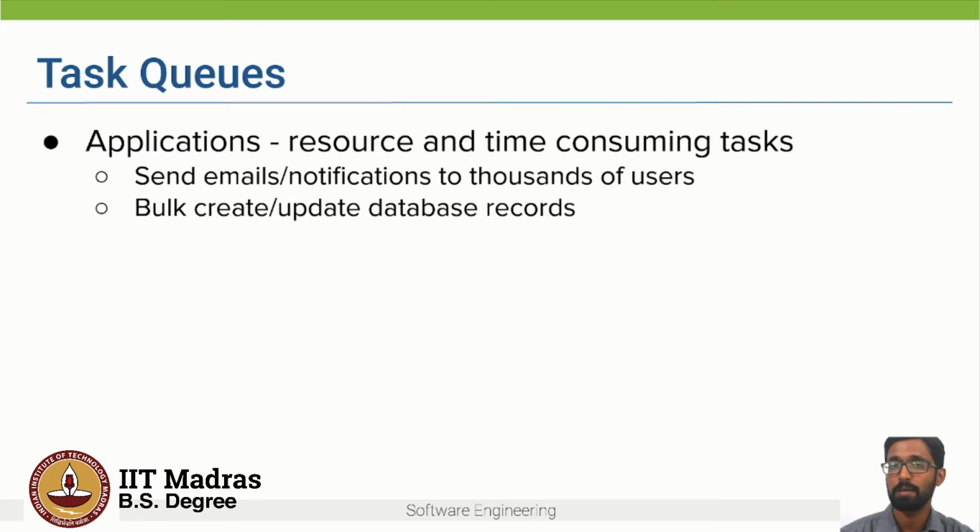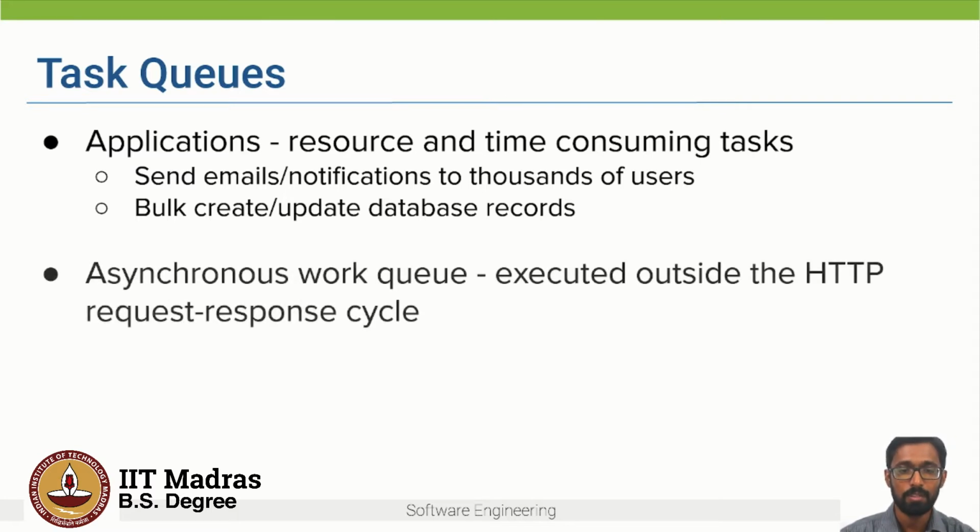For example, if you want to delete a user, then you have to delete all data associated with that user. These tasks need not be executed immediately. You can notify the user that these tasks will be executed and maybe send a notification later once it has been completed.